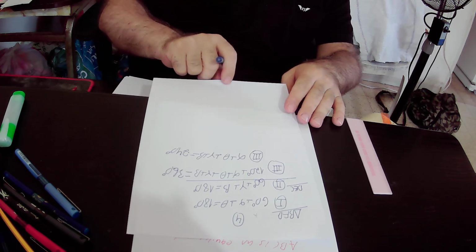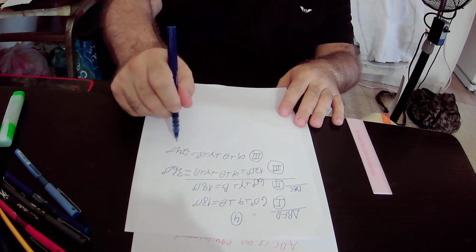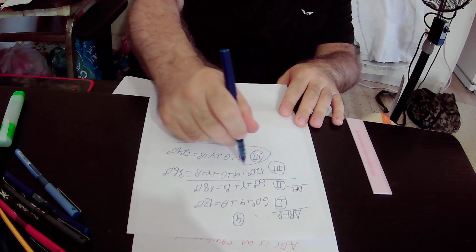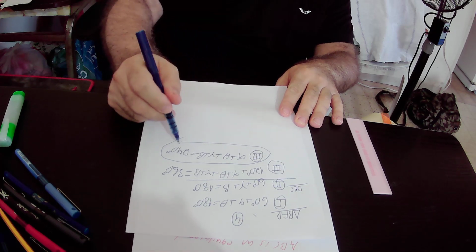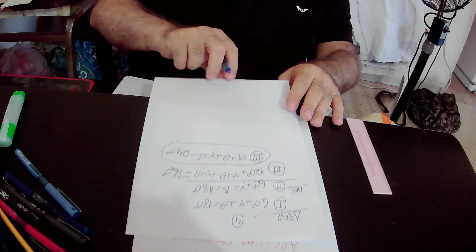Okay, so that is our third equation, which states that alpha plus theta plus gamma plus beta equals 240 degrees.